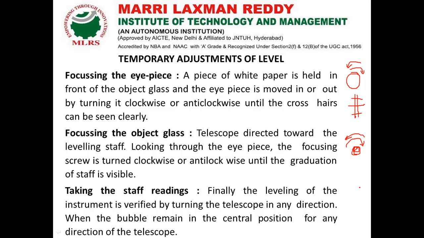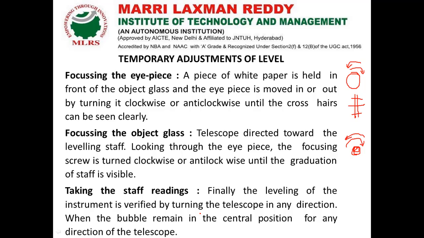Meanwhile we have to look through the eyepiece, then only we can view the object clearly. Clear visibility of the object as well as of the crosshairs should be achieved.